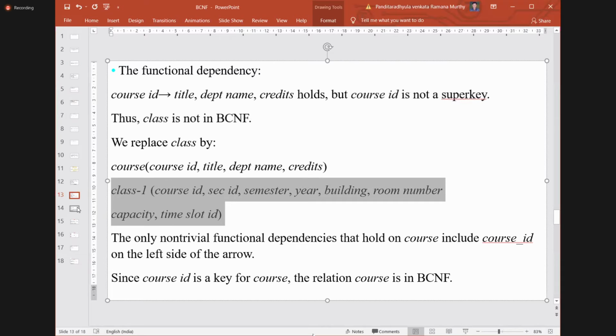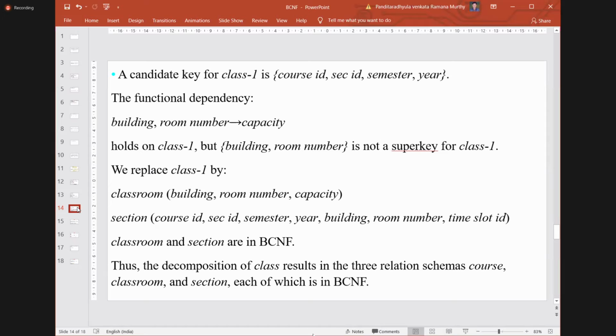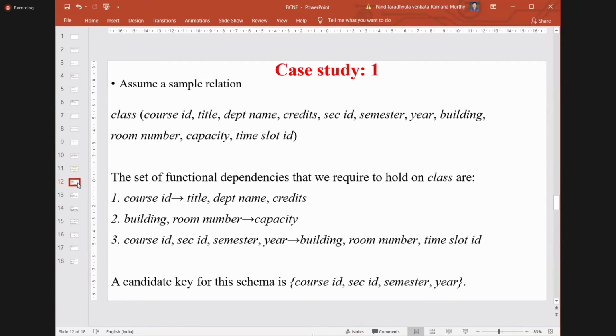When it comes to class 1, you can identify a candidate key for this because we have the functional dependencies. We identify course ID, section ID, semester and year, and with it we identify building, room number and time slot also.